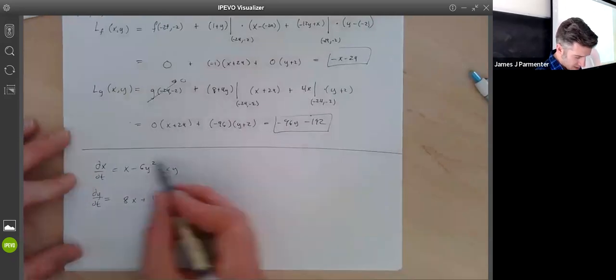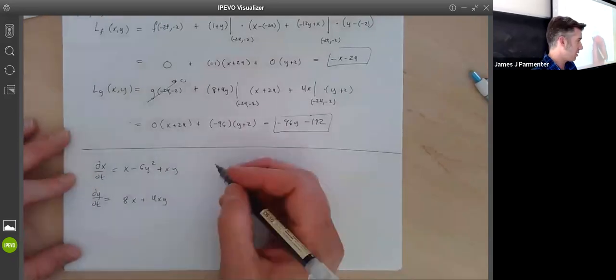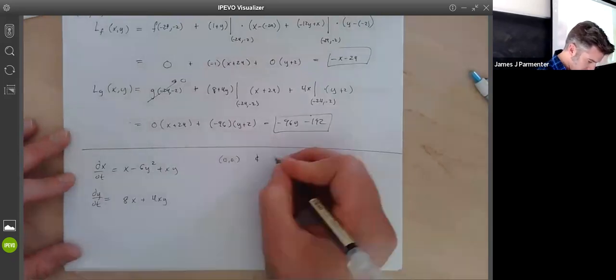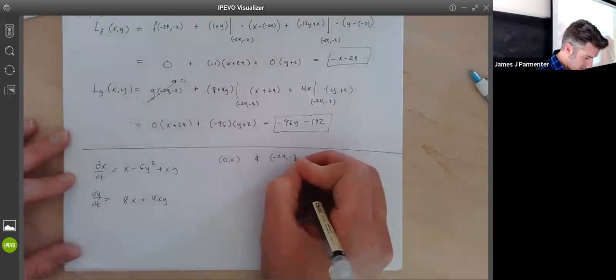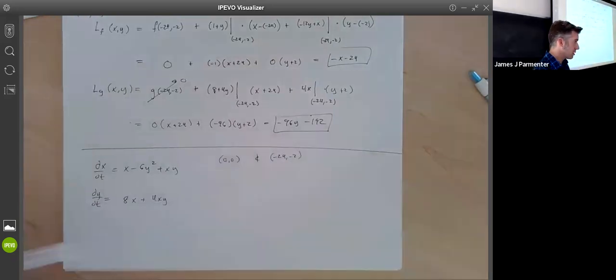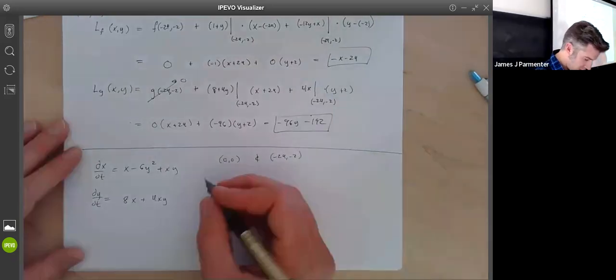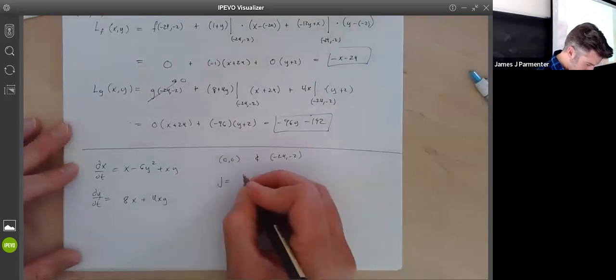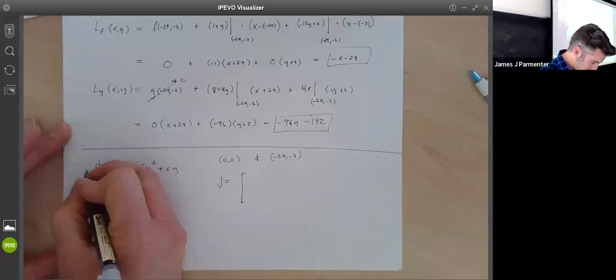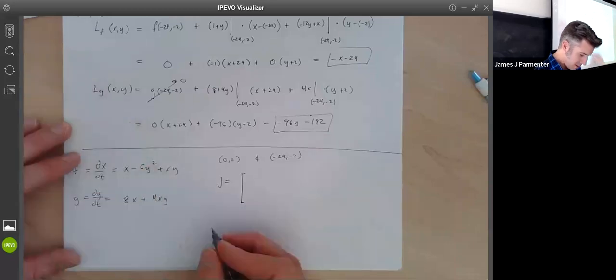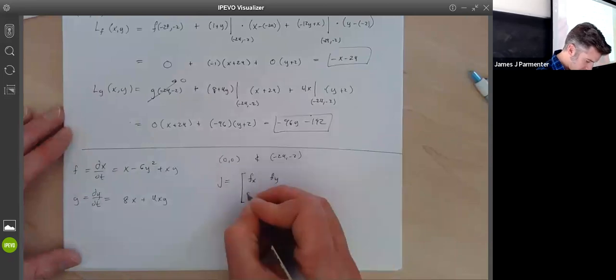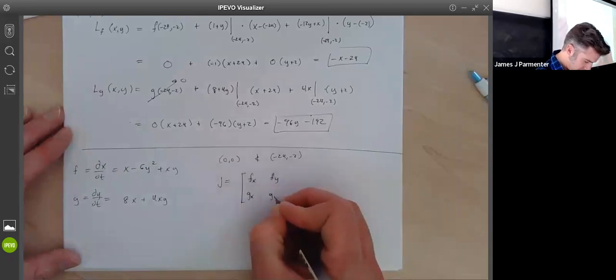But what I would say here is we can classify these equilibria, 0, 0 and -24, -2, using the Jacobian. That's why I like to call this F and this G. The Jacobian is just fx, fy, gx, gy.